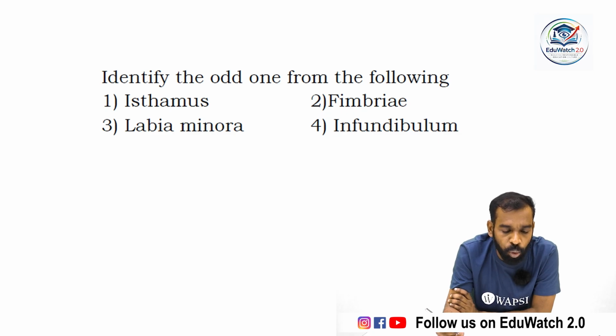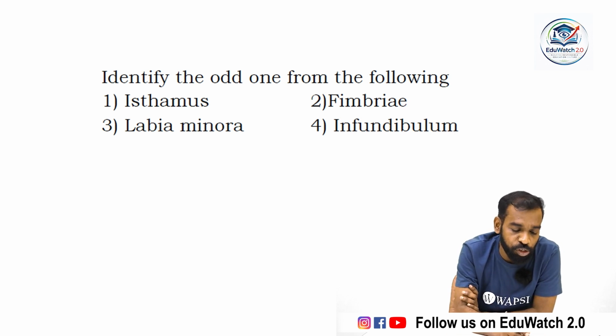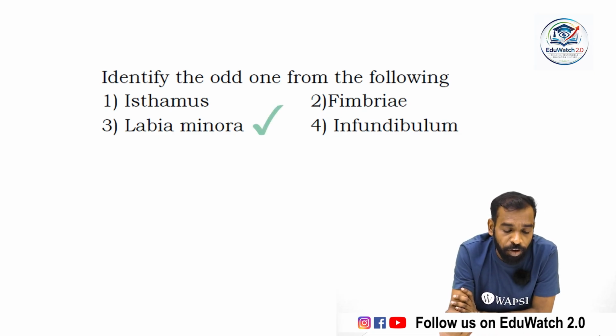No doubt, isthmus, fimbriae and infundibulum are parts of the fallopian tube. Labia minora is part of the external genitalia, the part of the vulva, along with labia majora, clitoris and hymen. So labia minora is the odd one.